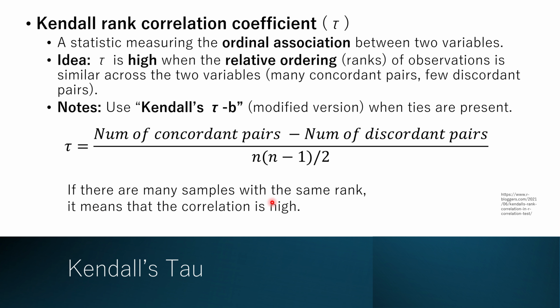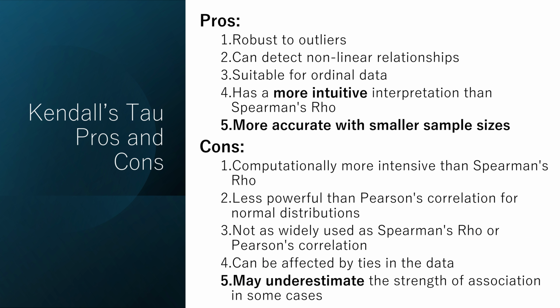If there are many samples with the same rank, it means that the correlation is high. The idea is here: tau is high when the relative ordering of observations is similar. And these are the pros and cons for Kendall tau.